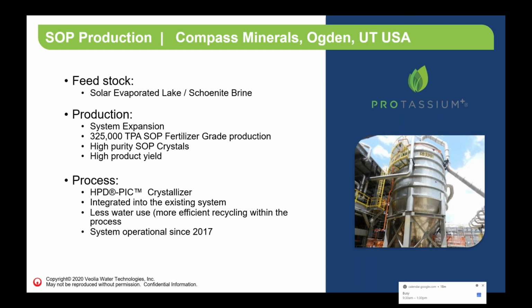We produce 325,000 tons per annum of SOP fertilizer grade with high purity and high product yield. We use draft tube baffle crystallizers integrated into the existing system that Compass Minerals has, and the system started up in 2017.